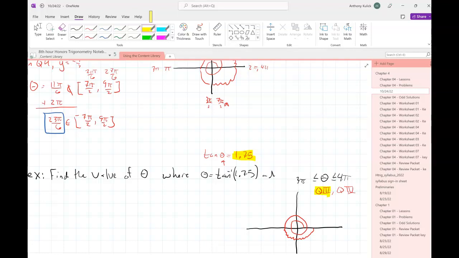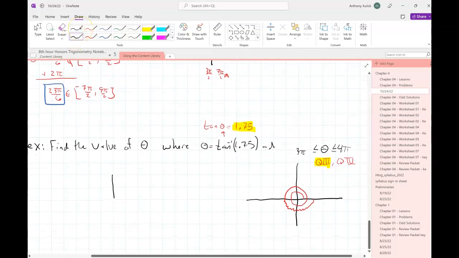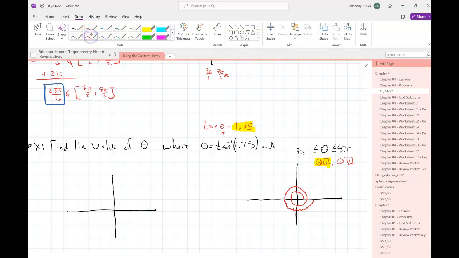So quadrant 3 in this case is the only possibility that satisfies both pieces. So I know that my answer, what I'm looking for, is, well, let's draw it in a different color, is down there somewhere, right? Everybody agree? Prater? Oh, I didn't know if that was a hand.